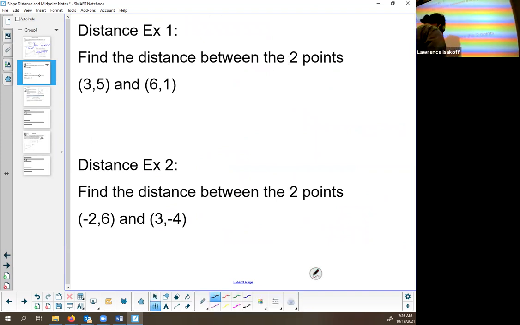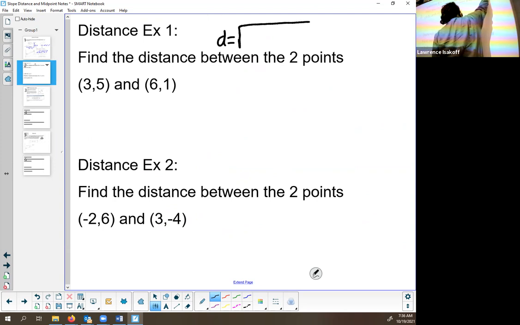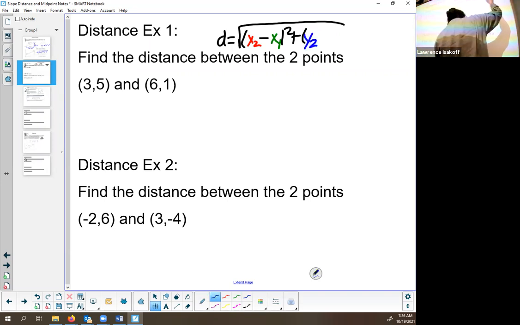I'm going to write it at the top, a little fancier, and say distance is equal to the square root of x2 minus x1 squared plus y2 minus y1 squared.